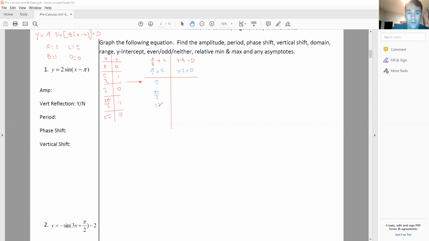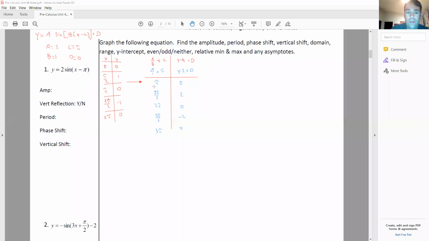But as pre-calc kids, we should be decent at adding fractions as we go through. And 3 pi. Then we got to do our denominators here. 0 times 2 is 0 plus 0 is 0. 1 times 2 is 2 plus 0 is 2. And then we have 0. We have negative 2. And we have 0.